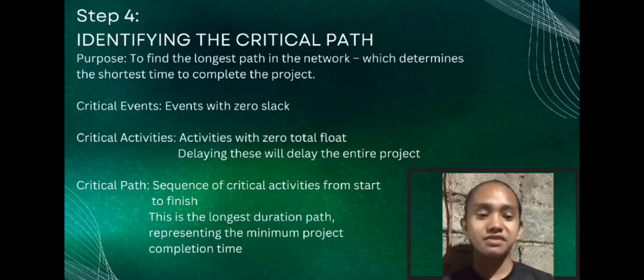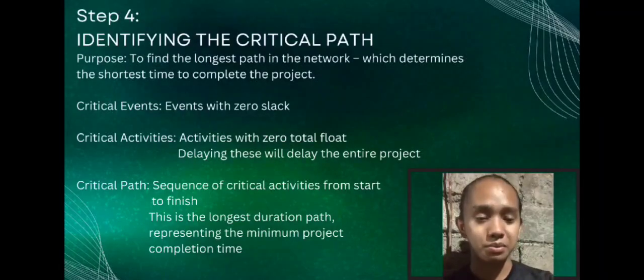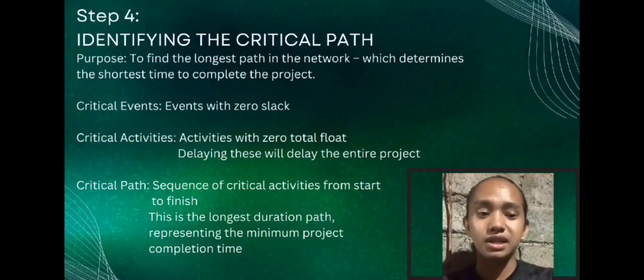So next is finding the critical path. This part is super important. It's about finding the sequence of tasks that absolutely must happen on time or your fiesta gets delayed. The critical events are the key moments in your plan that have zero wiggle room. If they're late, everything else is late. Second are the critical activities.